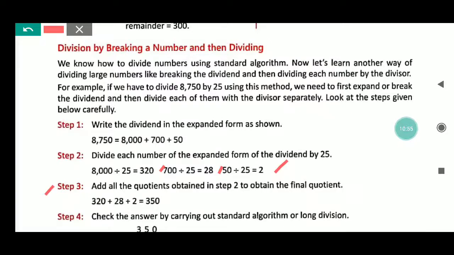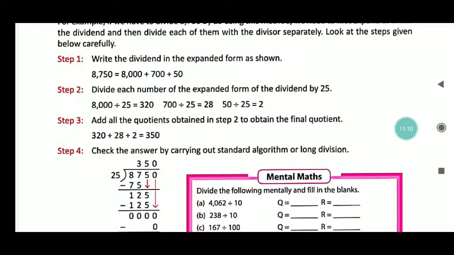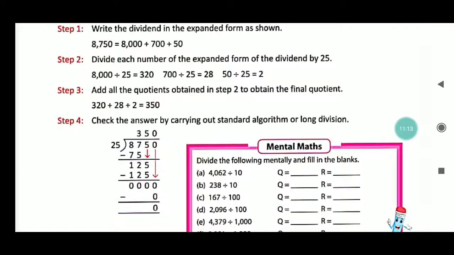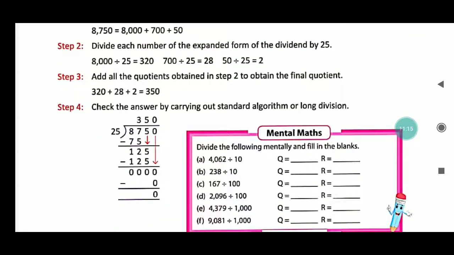Now in step 3, add all the quotients obtained in step 2 to obtain the final quotient. That means whatever quotients we have got, this and this. So 320 plus 28 plus 2 equals 350. Now check the answer by carrying out the standard algorithm or long division.